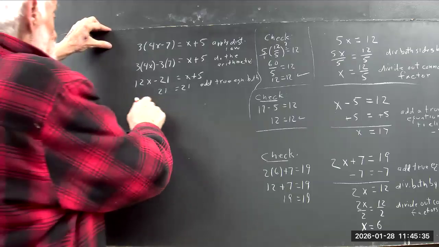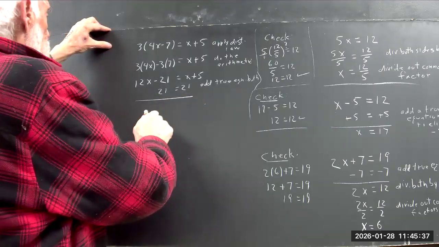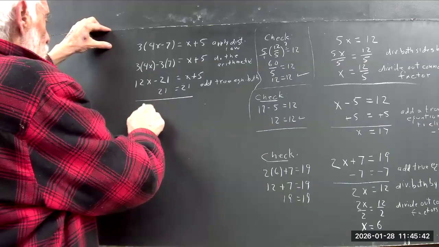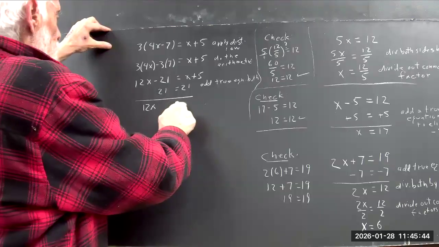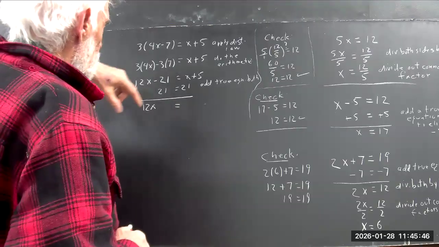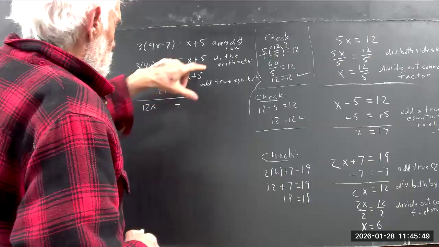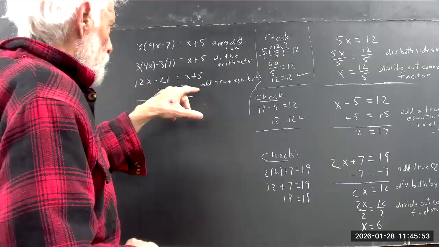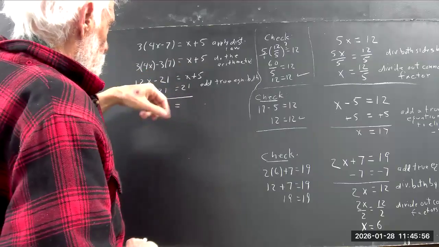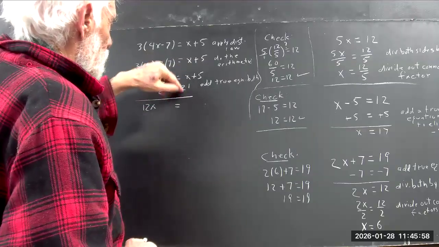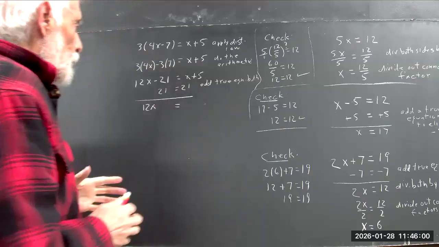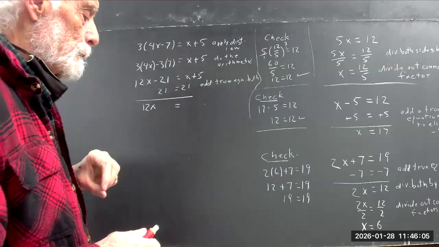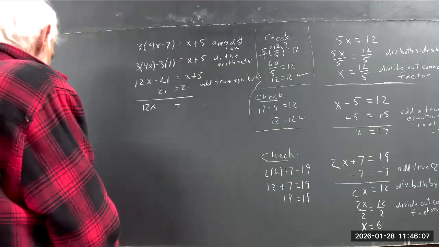Okay. So, well, we're going to get 12x over here. Leave the 12x here because the alignment can be important. I don't bother aligning 21 with the 5, partly because I've got room over here, but probably a good idea to align the 21 with the 5, just so you don't think you got to do something between the 21 and the x. However, if we add x plus 5 to 21, I'm going to back up.